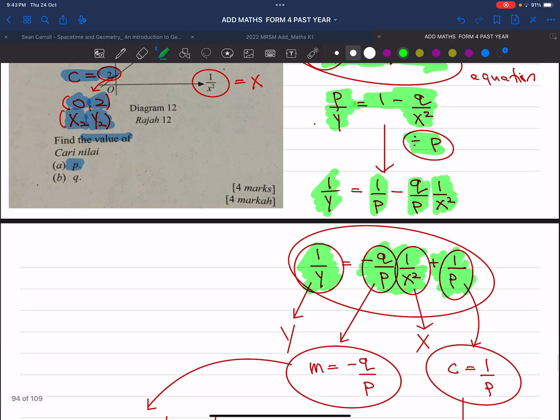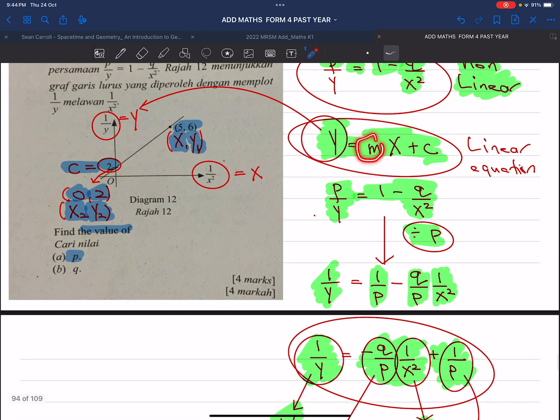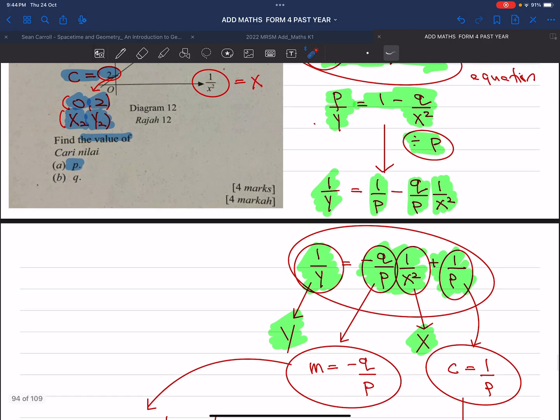If you look here, comparing, 1 over y is the capital Y and 1 over x squared is the capital X. So the number negative q over p must be the m, in front of the capital X. So this negative q over p is the gradient.